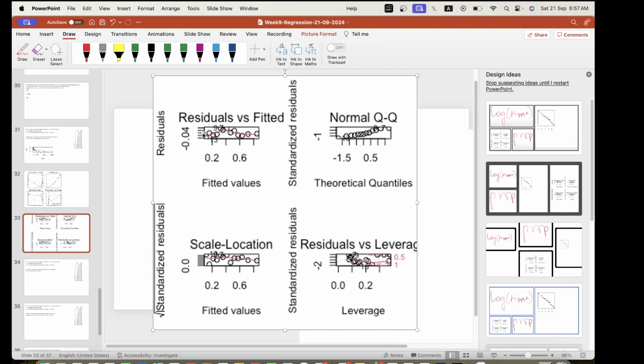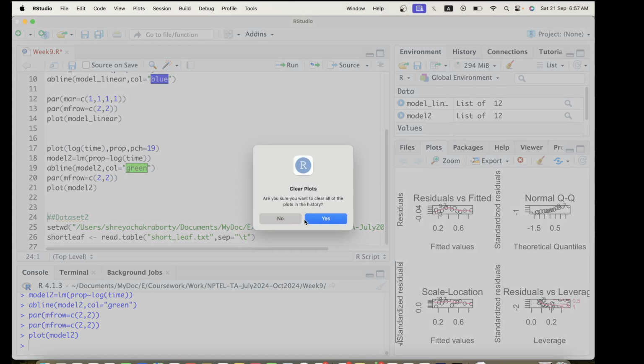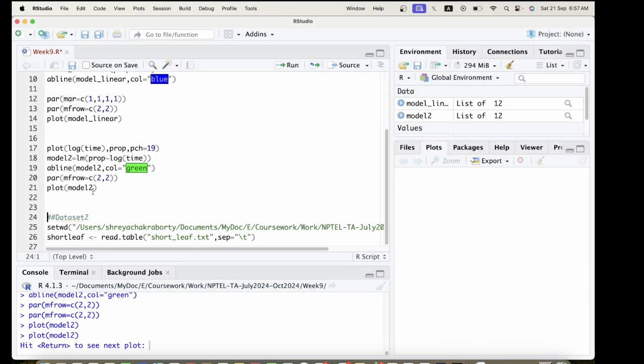It seems to be randomly scattered around 0. Again, I'm going to remove this and I'll just plot this thing.